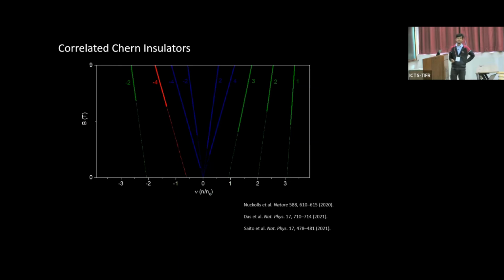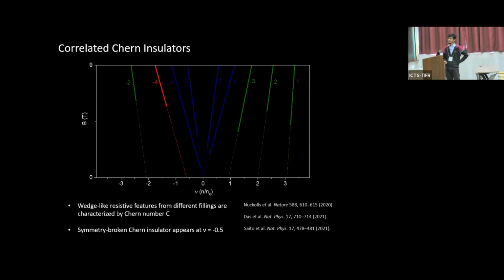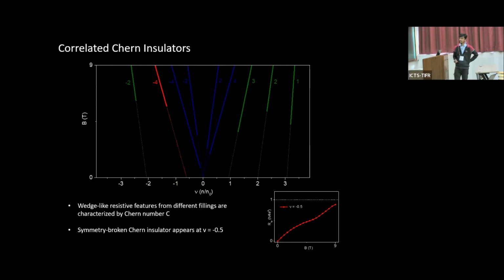But for the state from 0.5 on the hole side, we get a Chern number of -4. To confirm that, we have plotted Hall resistance as a function of magnetic field, and you can see at the highest magnetic field it is reaching h by 4e squared, which confirms that the Chern number is -4 for this state.